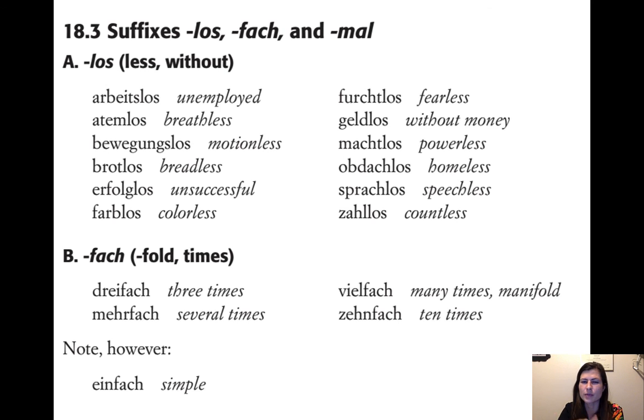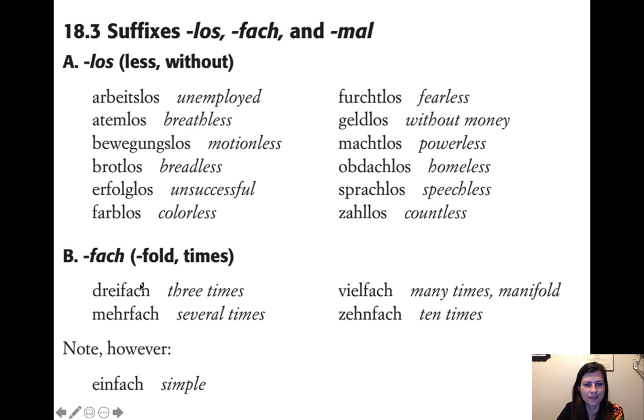But then if you're talking about a sequence, like how many times you've done something, then it's dreimal, vielmal, and then zehnmal, einmal, dreimal, viermal, all those. Mal is also used to mean the same amount of times as well. So einfach means simple because it's like one fold.